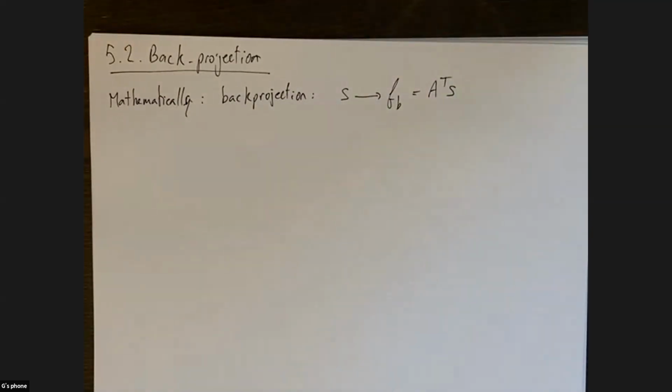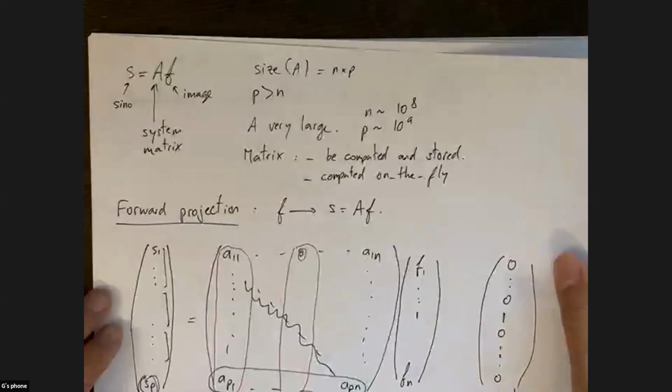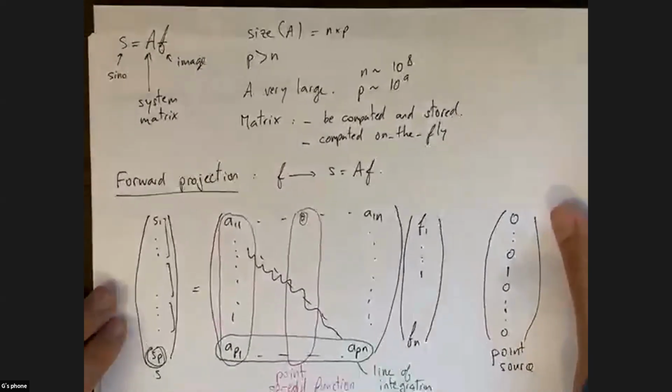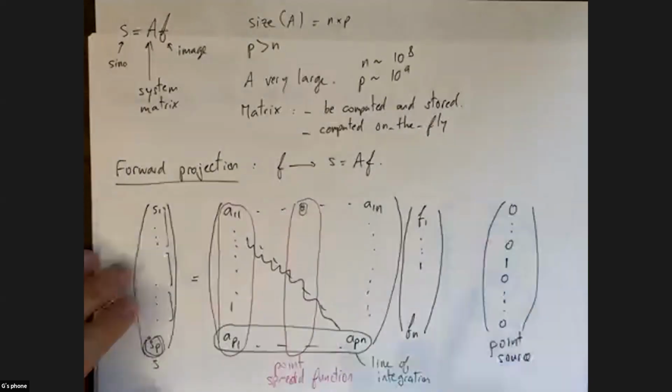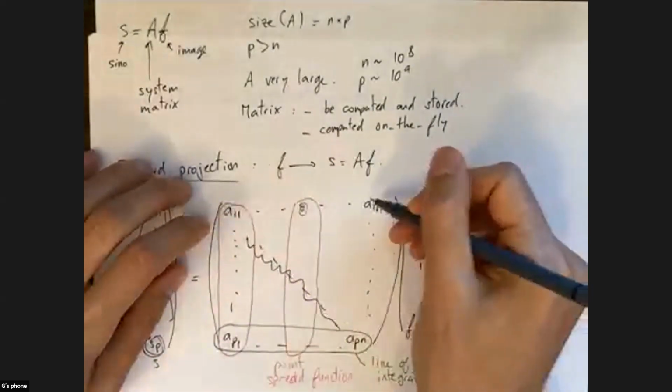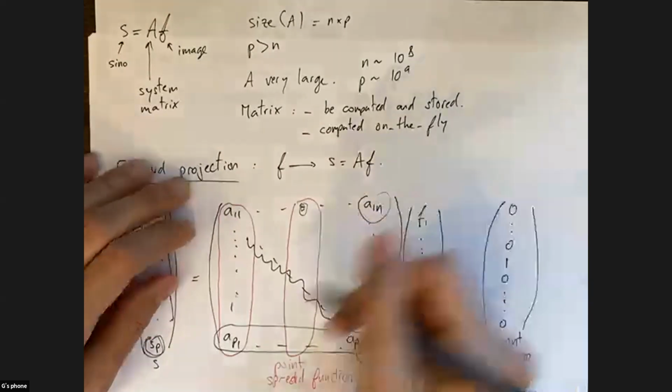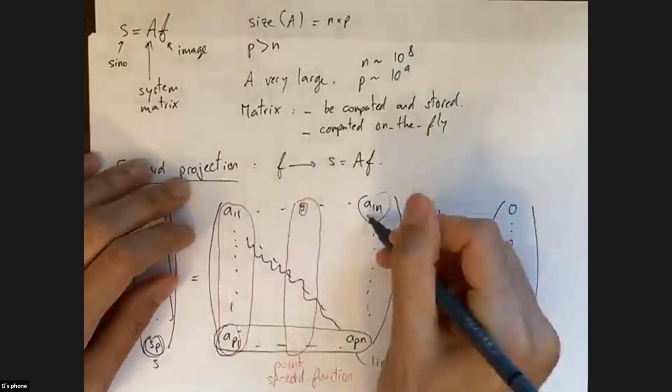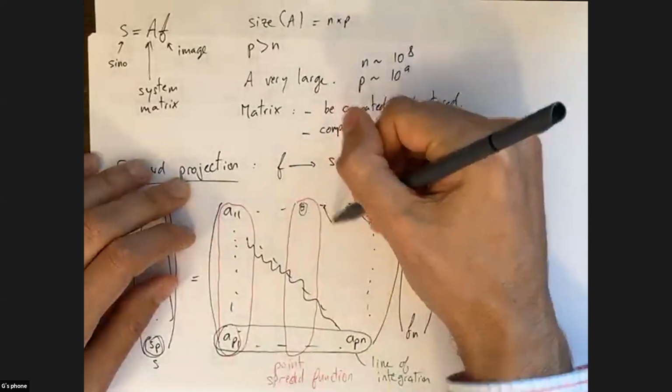Just going back here, transposing the matrix means we take this coefficient here and this one here and swap them, and do the same for every coefficient.